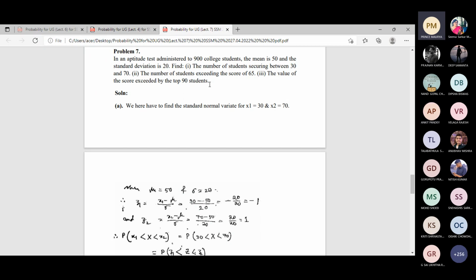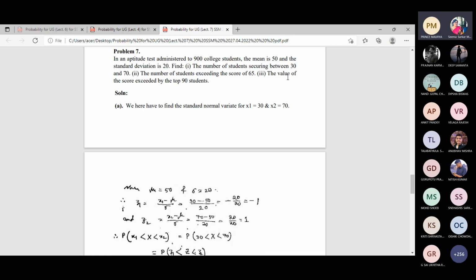Here we have to find the probability first of the top 90 students. The percentage is given here, your 10%, which means the probability is given almost, isn't it? Yes, ma'am. You have to find the value of the score exceeded by the top 90 students.